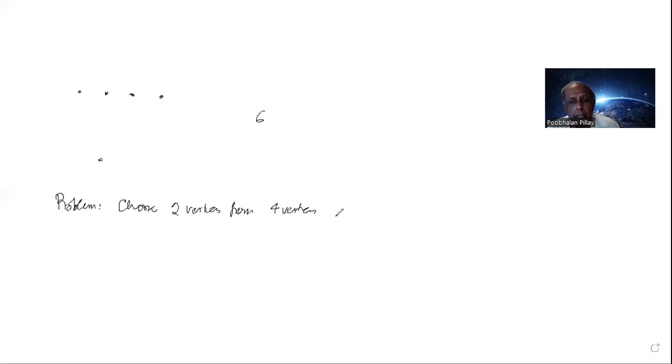And the answer was, if you remember, 1 plus 2 plus 3. And there was 6. Now, interestingly, these vertices of a, we could have said 2 dots from 4 dots.